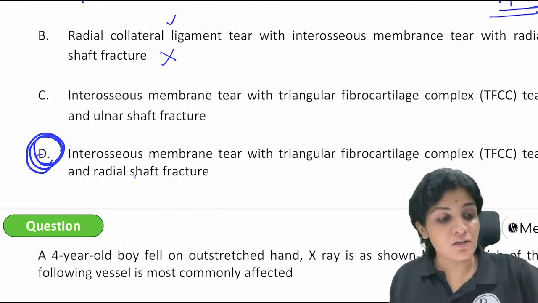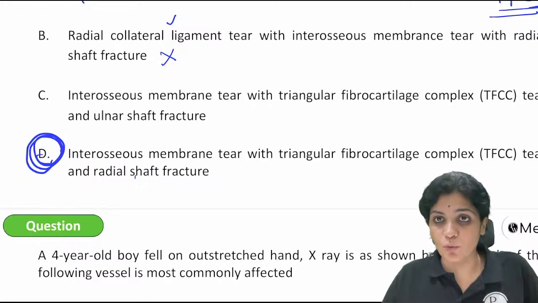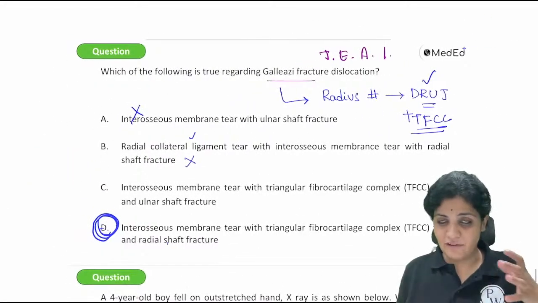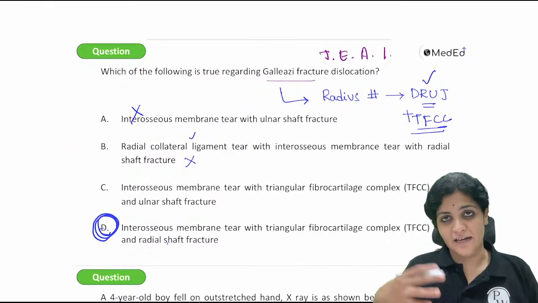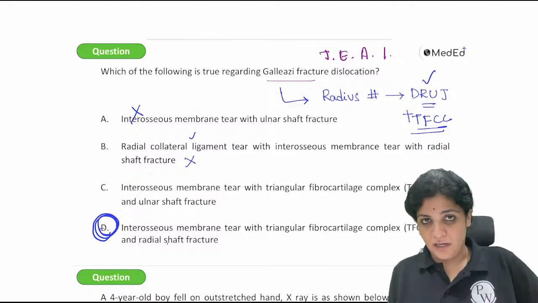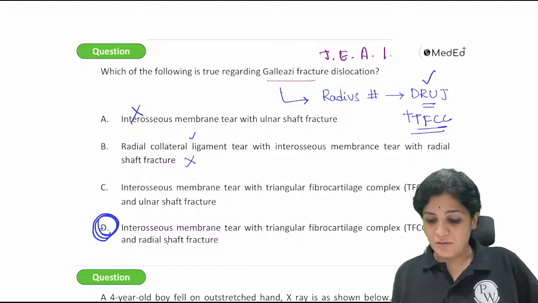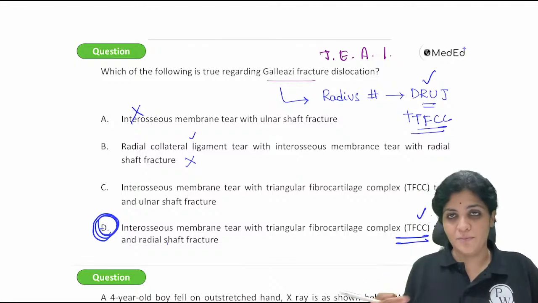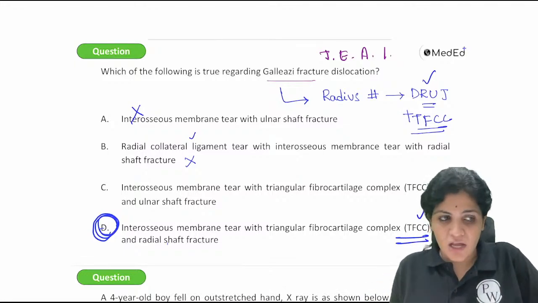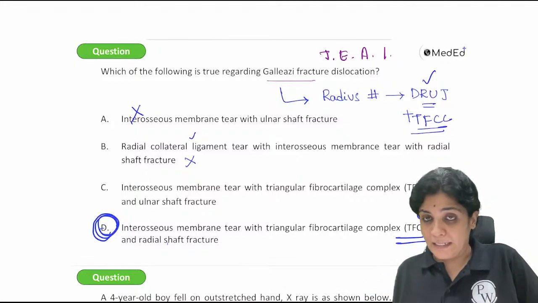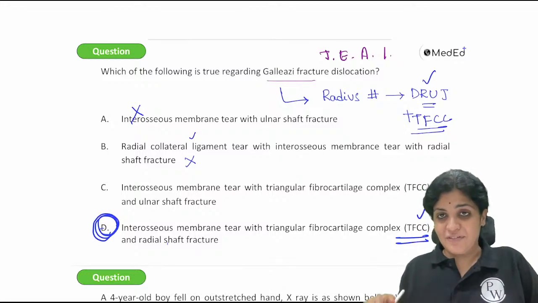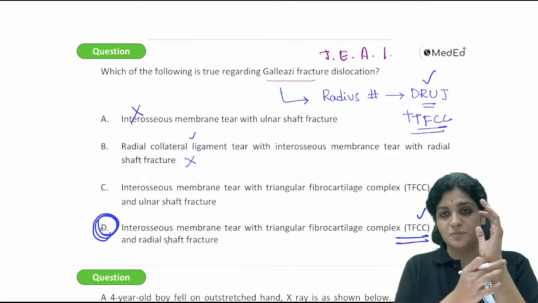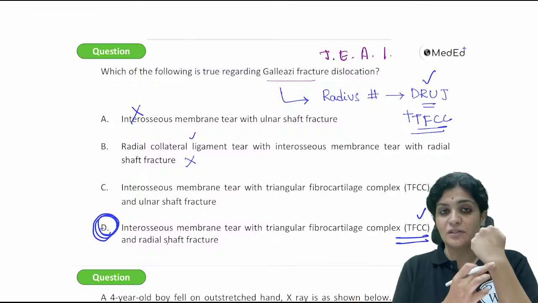So you understood. Sometimes what happens is even though you know a lot of concepts. Yesterday we discussed in detail that the Galeazzi is radial fracture plus the distal radio-ulnar joint disruption. But you have to be careful that the TFCC is what forms the DRUJ. Understood? So triangular fibrocartilage complex is TFCC, a structure which is present here, and it is mainly present on the ulnar side.